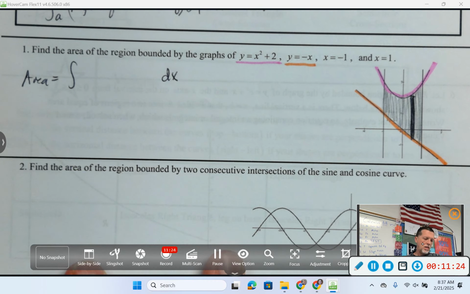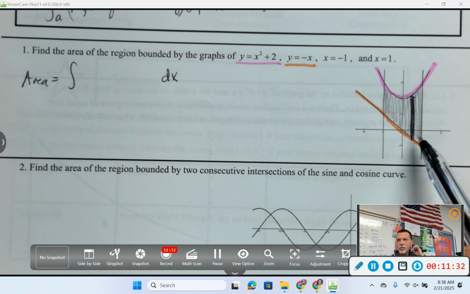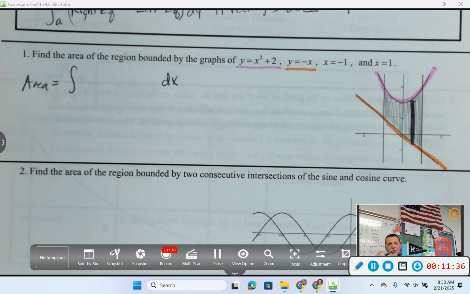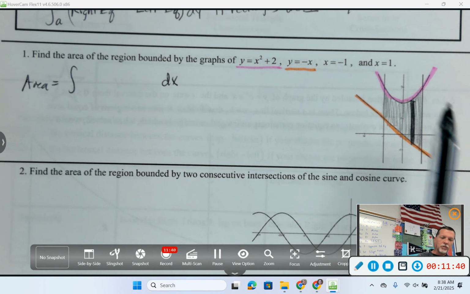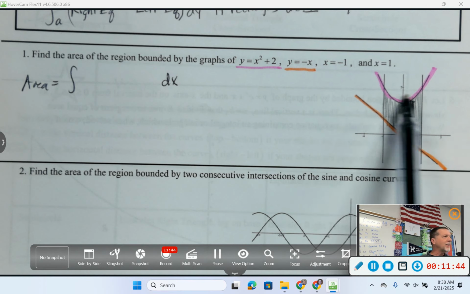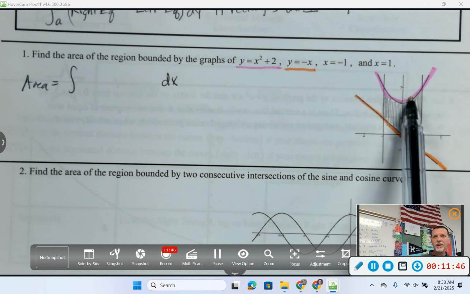You always just draw a rectangle and then use that again. I will see that on students' papers. Be careful, sometimes you can do it either way. This one you couldn't do it either direction because you'd have to split up your rectangles right here. The right-left rectangle wouldn't work right there.